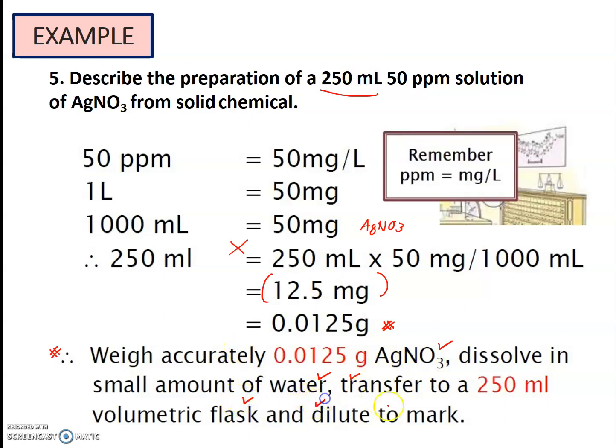Next dilute with distilled water, like we prepare a standard solution. Dilute with distilled water until the calibration mark, and last, shake upside down. Then you have prepared 50 ppm silver nitrate. The volume is 250 ml.